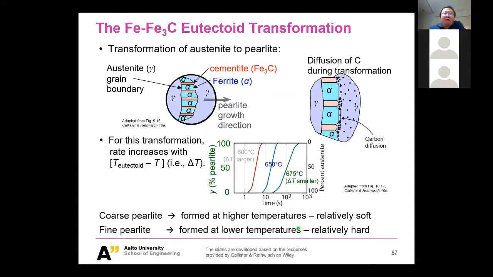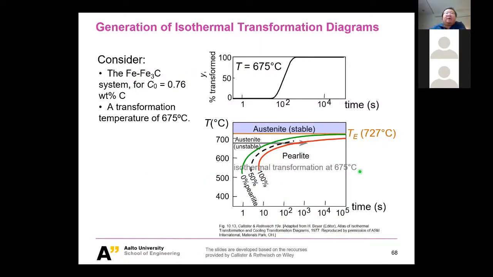And if you have rather small delta T, right here, you will get some coarse pearlite. Yeah, they will form at rather higher temperature, and they become relatively soft because finer grains will enhance your strength. Hopefully you still remember. All right, so that's the supercooling in application.